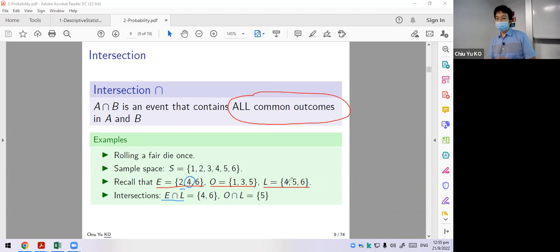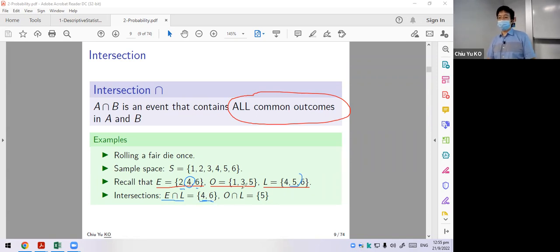Does 4 appear in L? Yes, then it's here. Look at 6. Does it appear in L? Yes. Go to L again. Is 4 in E? Yes. Is 5 in E? No, then no. Is 6 in E? Yes. So we end up with 4 and 6.